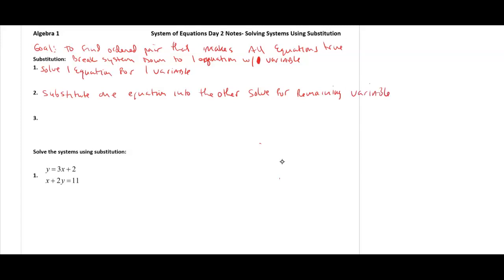Okay, so if we solve for y, it's a hypothetical value for that y. We'll plug it into the other equation. Or we'll solve for x and do the same thing. Once we have the value of one variable, we take that value and we plug it back in to find the other variable.